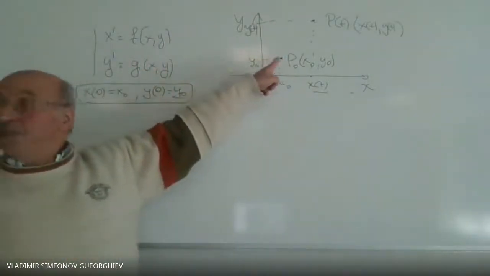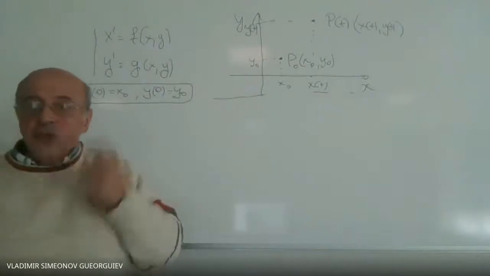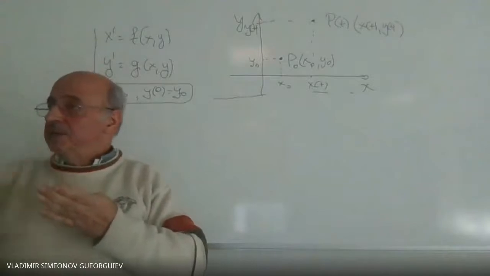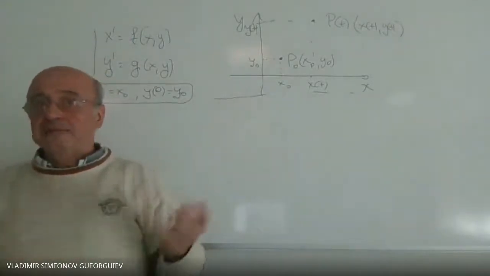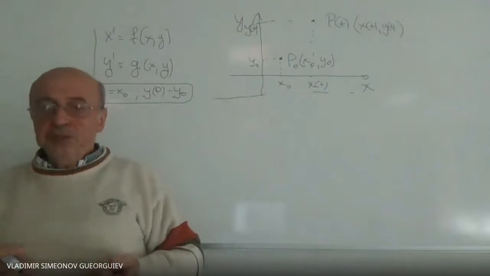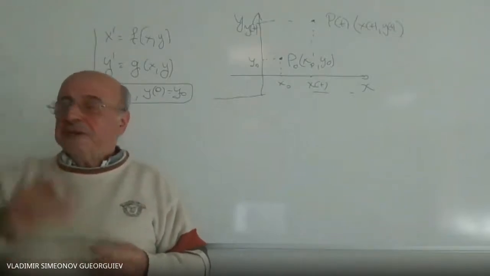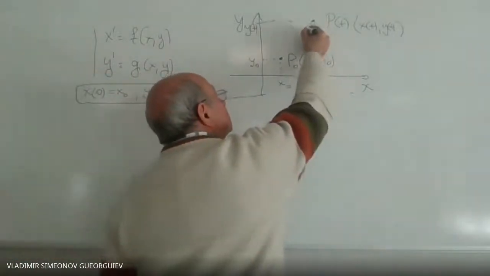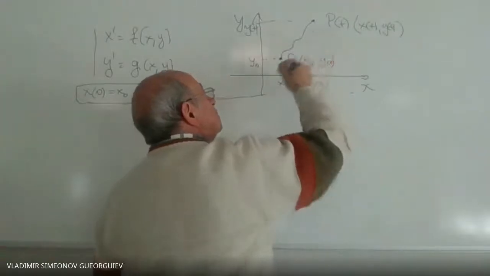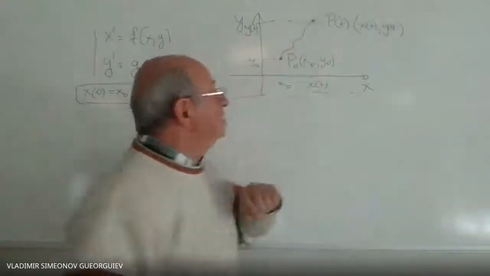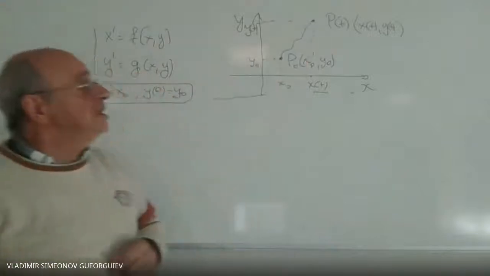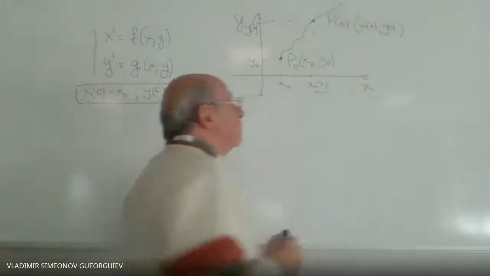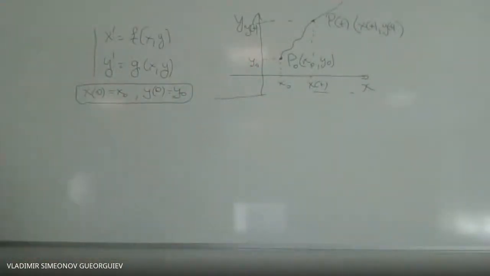It is clear that P0 is a fixed point, not moving, while Pt, when t varies, is moving. Therefore, in general, when the point Pt is moving, we have a kind of curve. When t moves from 0 to T, our solution will produce a kind of graphic. So we have a curve.